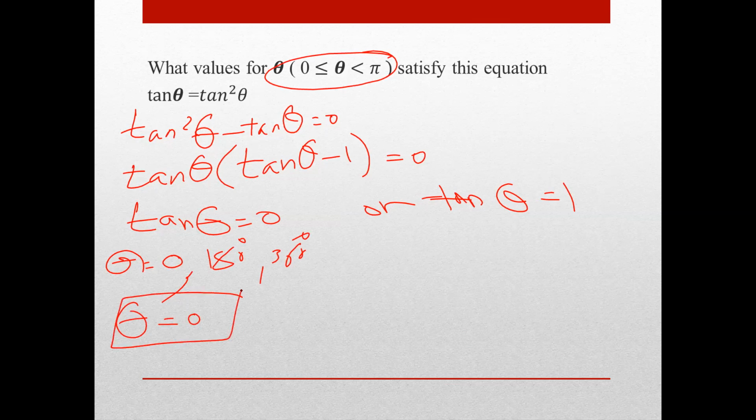What about here now? Tan theta is 1. There's only one angle in the first quadrant where tan theta is 1, which is 45. Also in quadrant 3 we have another angle whose tan is 1, but my interval is from 0 to pi, so I will not look at quadrant 3.